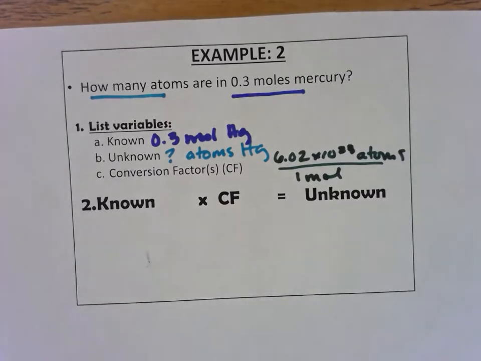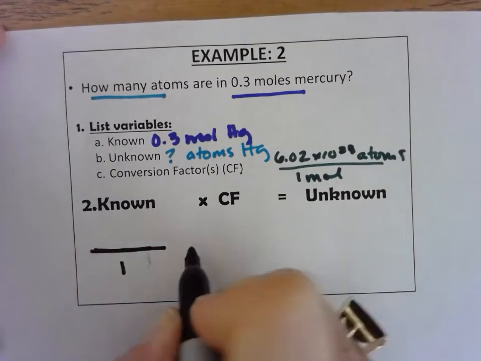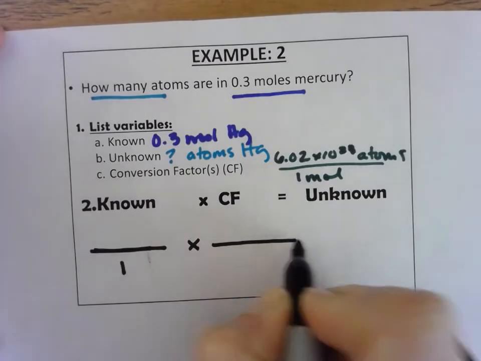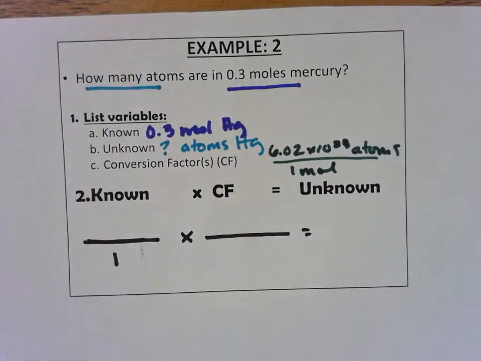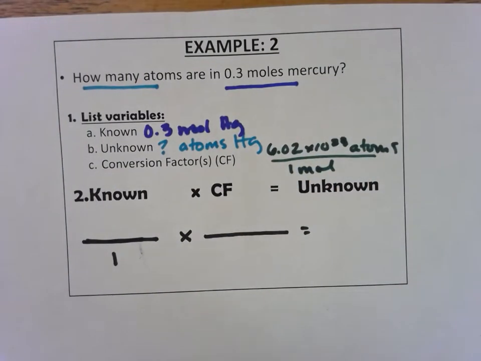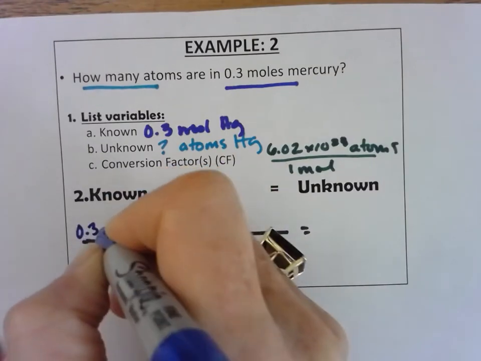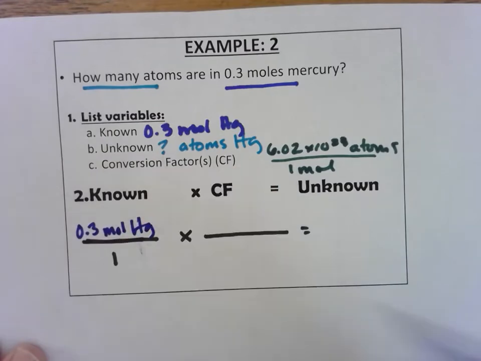I'm going to put the 1 right there already, times the conversion factor, and it's going to equal whatever we're looking for. I have numbers and units for both sides of my conversion factor, so I don't actually need to do any extra work like we did in example 1. 0.3 mole mercury is my known, so I plug that in right there.